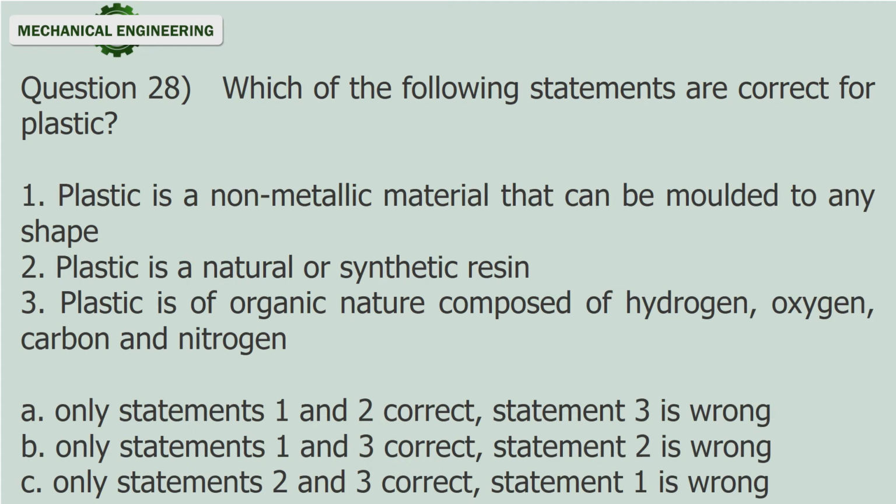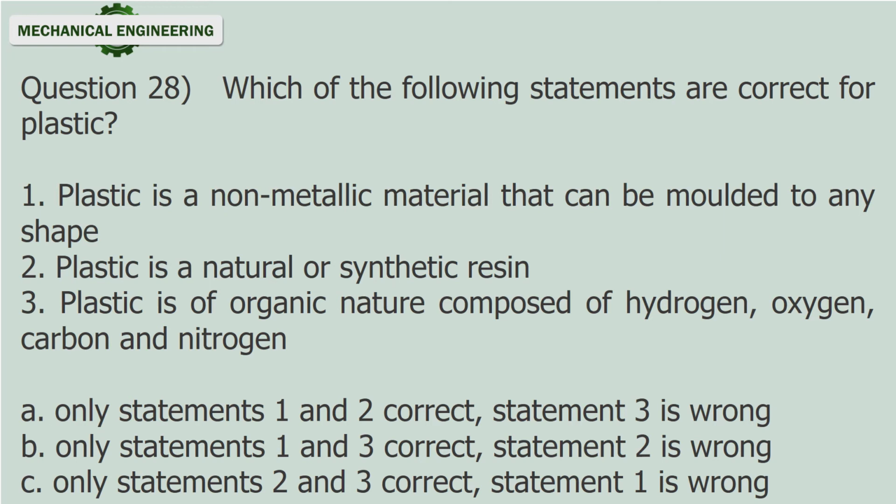Question 28. Which of the following statements are correct for plastic? 1. Plastic is a non-metallic material that can be molded to any shape. 2. Plastic is a natural or synthetic resin. 3. Plastic is of organic nature composed of hydrogen, oxygen, carbon and nitrogen. A. Only statements 1 and 2 correct, statement 3 is wrong.